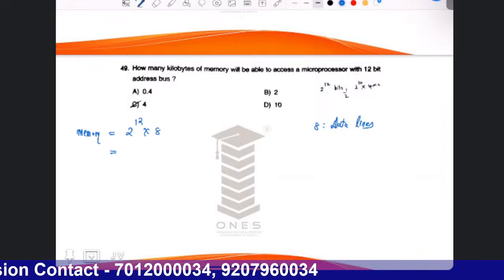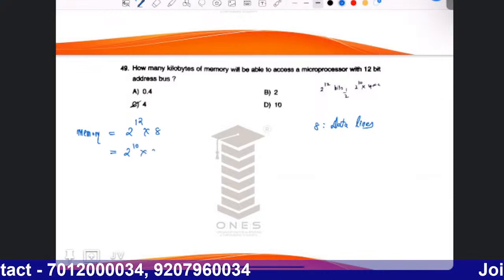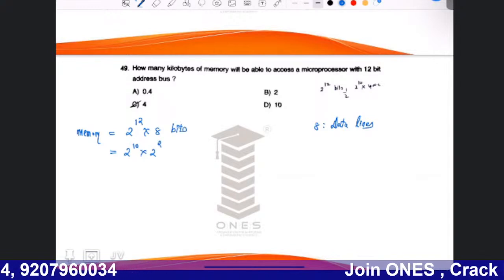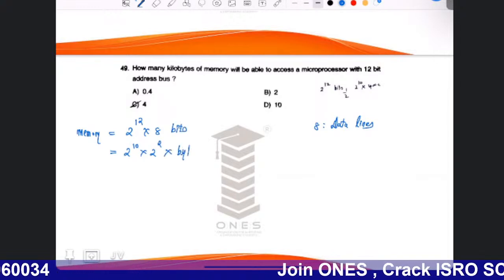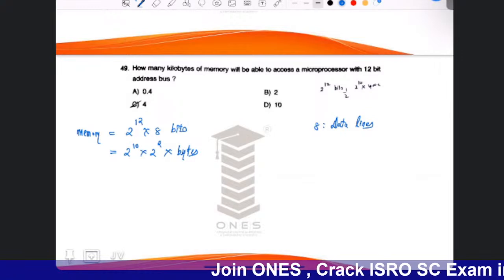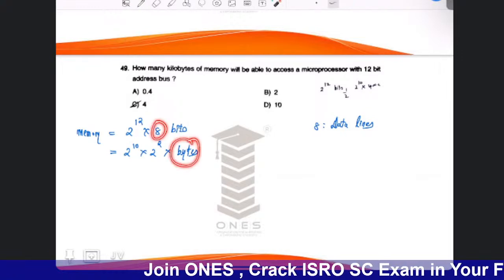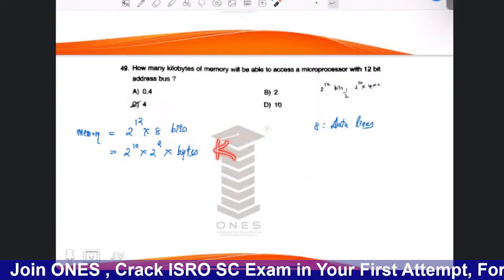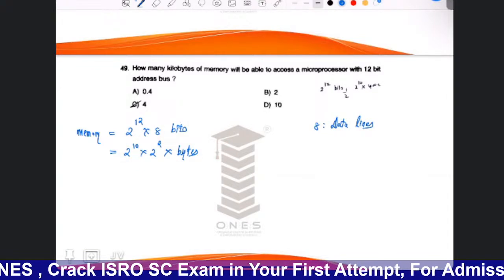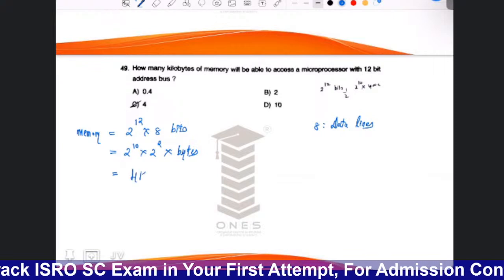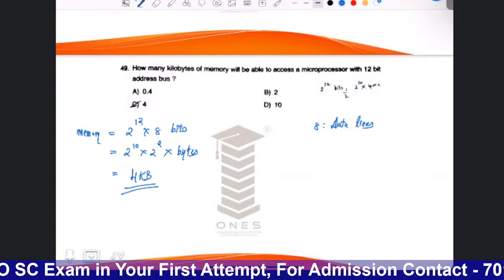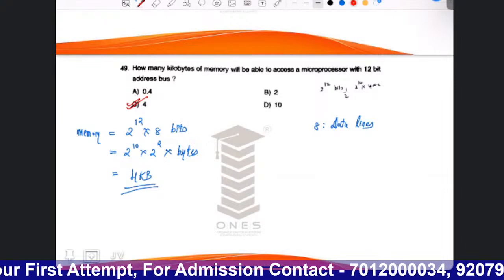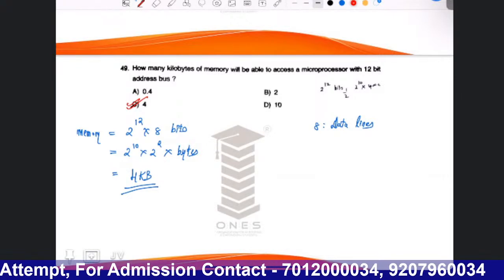So it is 2 raised to 10 into 2 raised to 2 bits, and I have converted the 8 bits to bytes. And 2 raised to 10 becomes kilo, and 2 squared will be 4. So it will be 4 kilobytes. So the answer will be option C, 4 kilobyte.